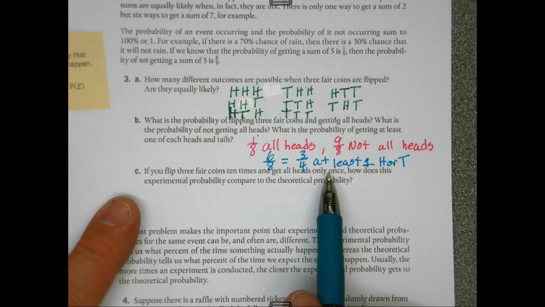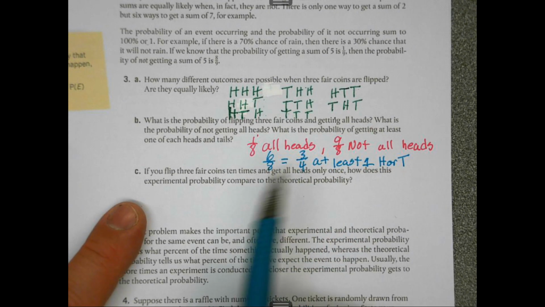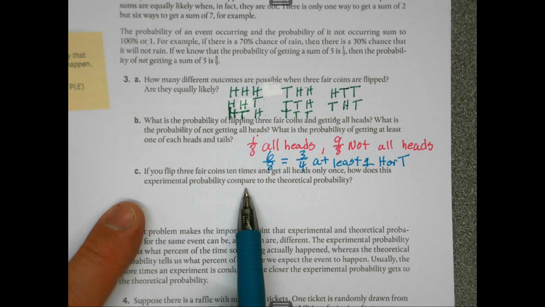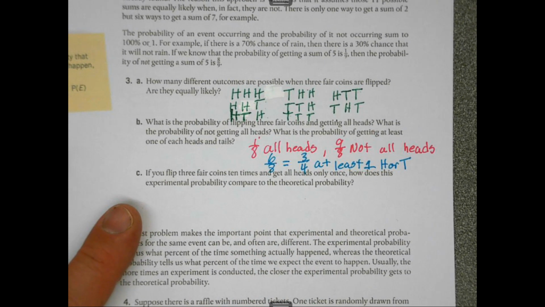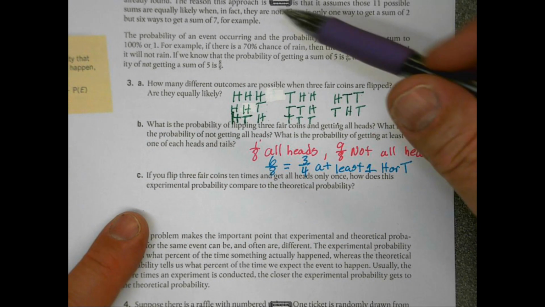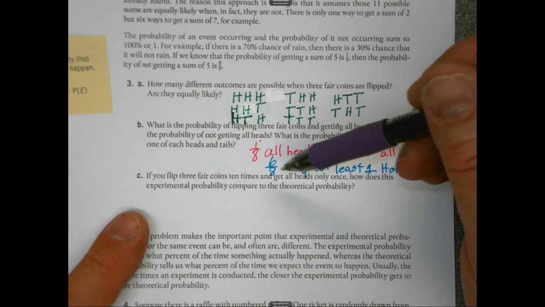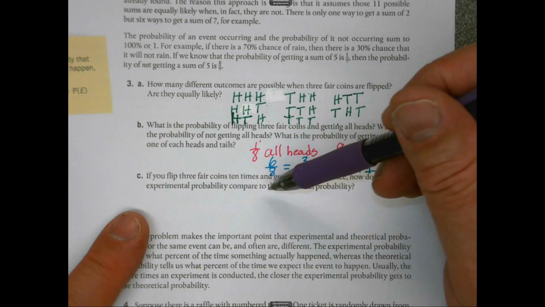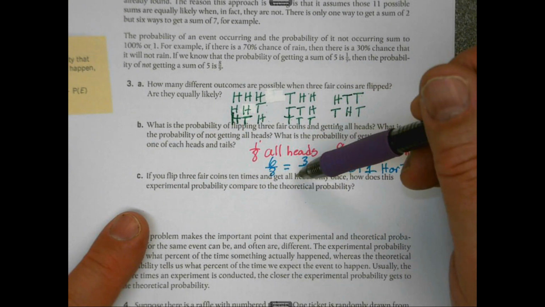So if I did that 10 times, let's see, 1/8. Again, I'm going to just real quick make this a percentage: 0.125 or 12.5%. And I only get heads once.